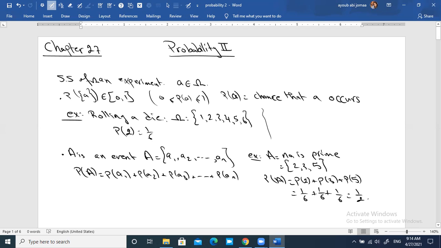Moreover, the probability of the impossible event, probability of phi. For example, in this experiment rolling a die, let's say B is the event: the number is more than 7.